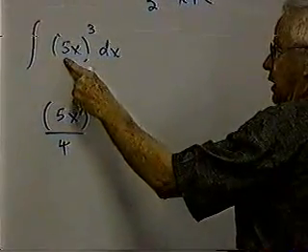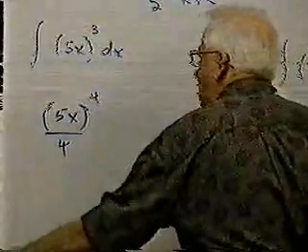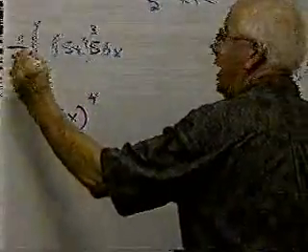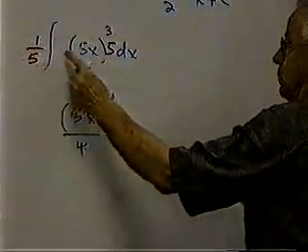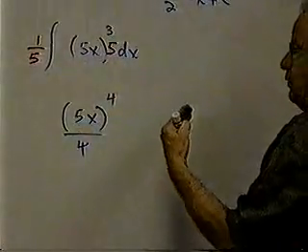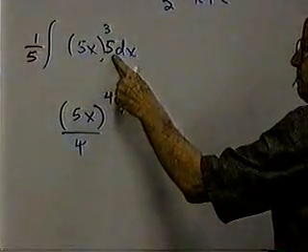So the derivative of that is 5. Well, I'm going to put a 5 in the problem, in here. But to do that, I must put 1 over 5 out front. It's the reciprocal. So I placed in the problem just a 1. I have not changed the value of the problem. This times this is 1.